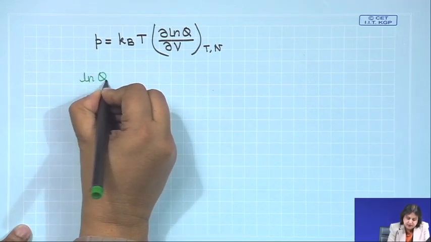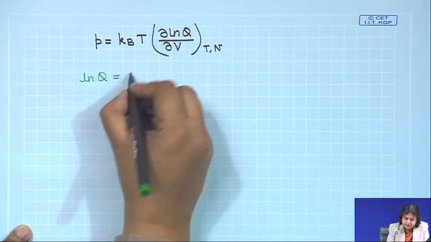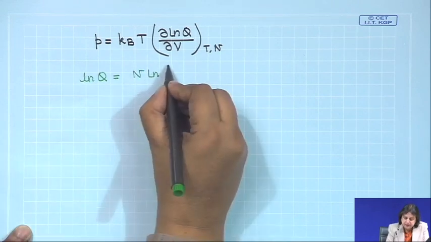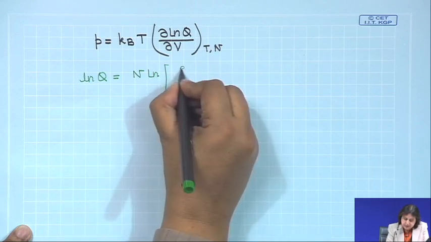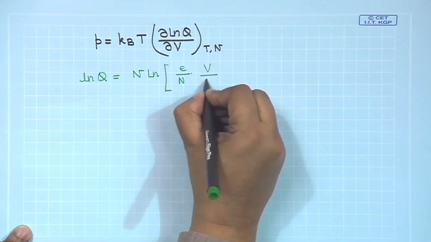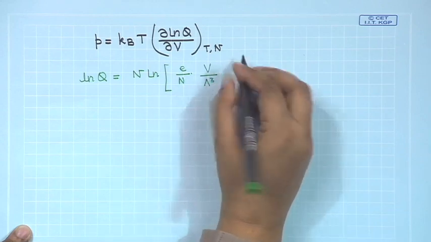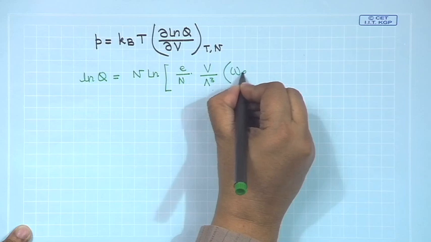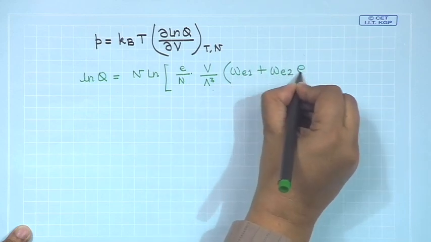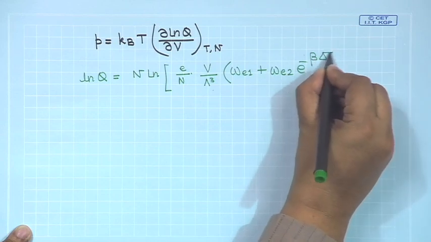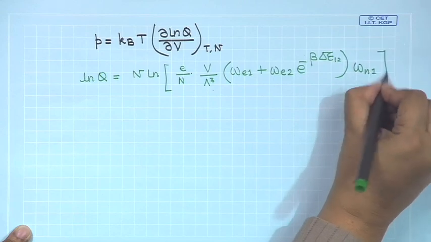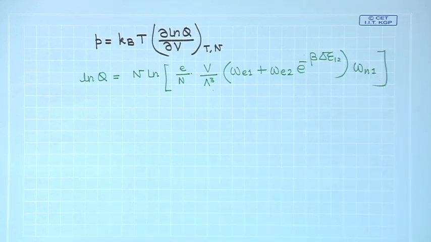Now, ln capital Q is equal to capital N ln (E by N) into V by lambda cube into these terms, that is omega E1 plus omega E2 e to the power of minus beta delta epsilon 1 2 into omega n1. We have already shown that.